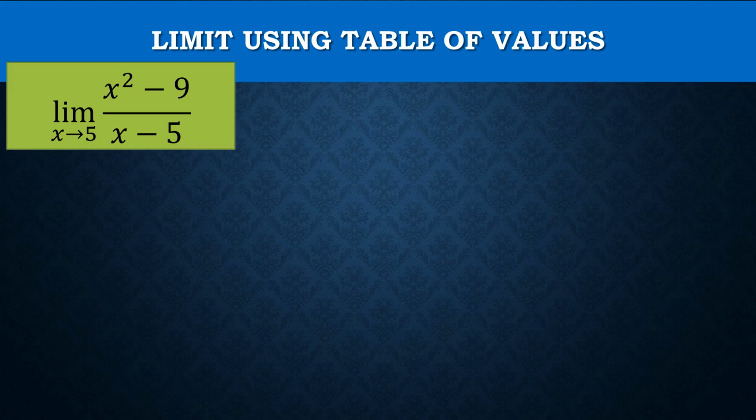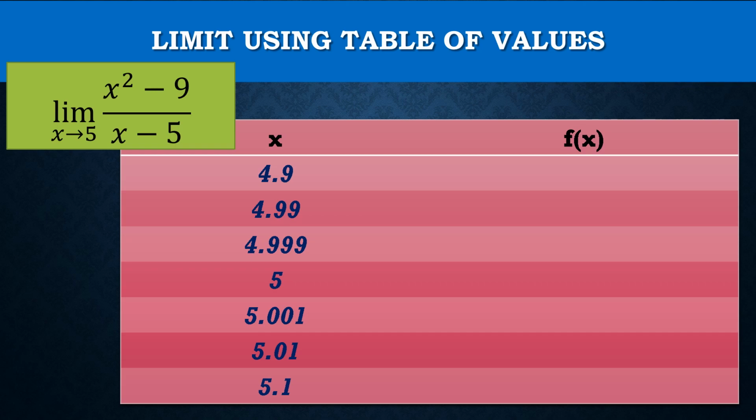Tingnan natin gamit yung table of values. So I set values of x here. We have 4.9, 4.99, 4.999 papunta sa value ng c natin which is 5. And from 5, we have 5.001, 5.01, and 5.1. So dito naman yung mga values ng x as x approaches 5 from the right.